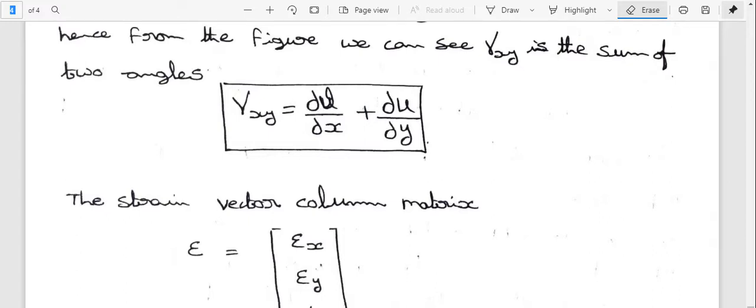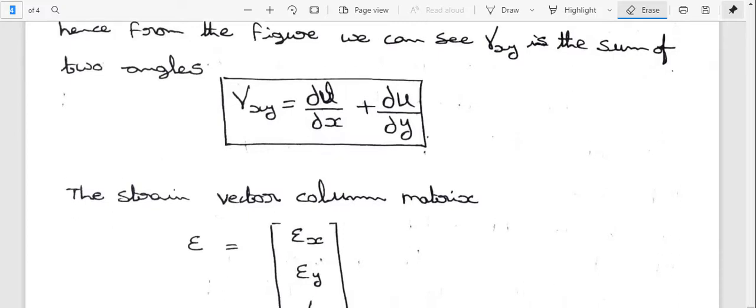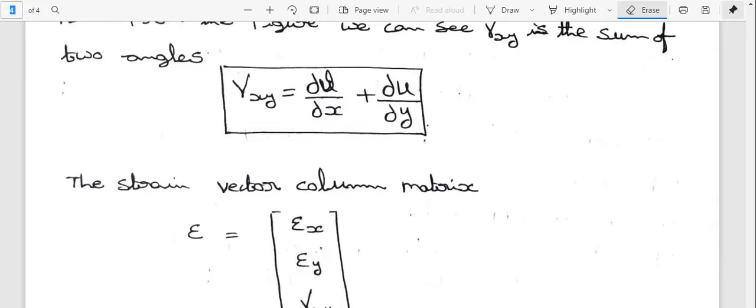So gamma xy is equal to dou v by dou x plus dou u by dou y. In the strain vector column matrix, epsilon is equal to epsilon x, epsilon y and gamma xy in the matrix form.